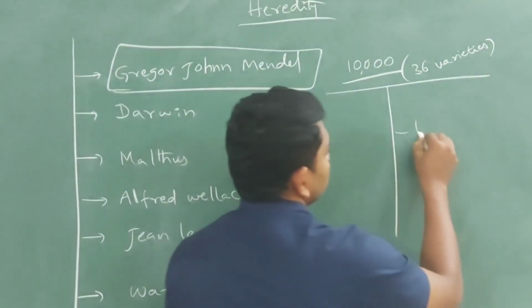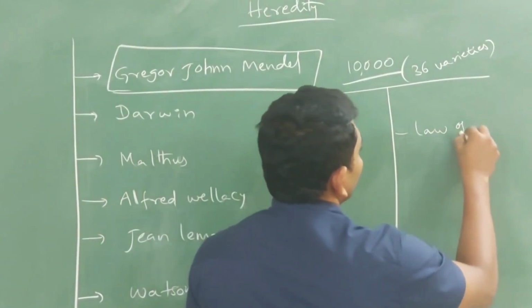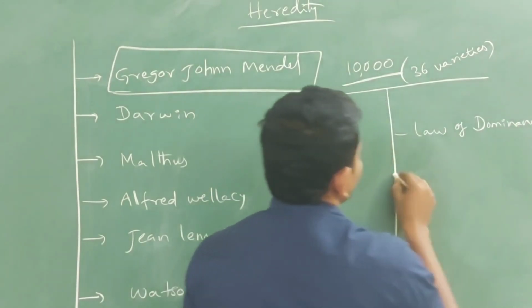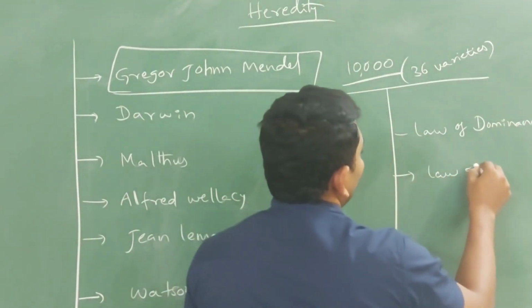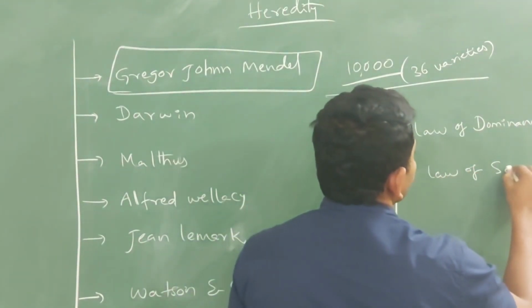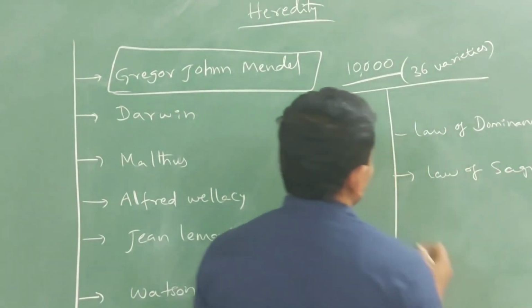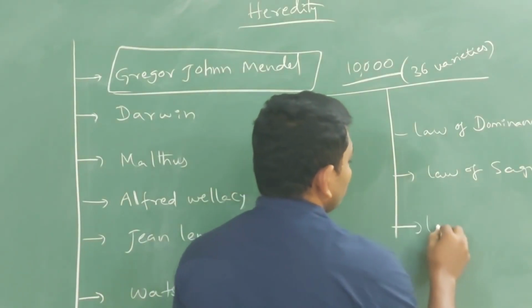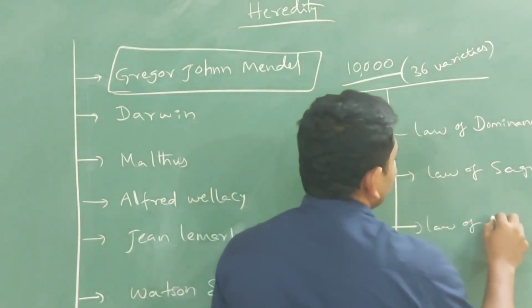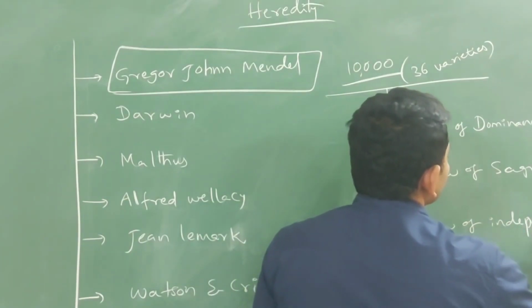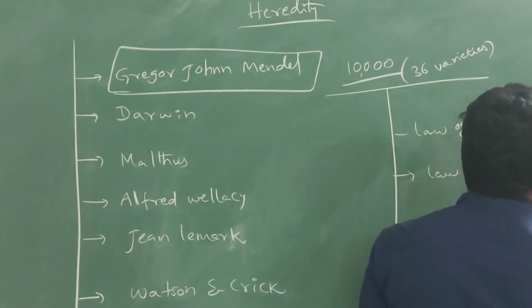They are called the law of dominance, law of segregation, and law of independent assortment.